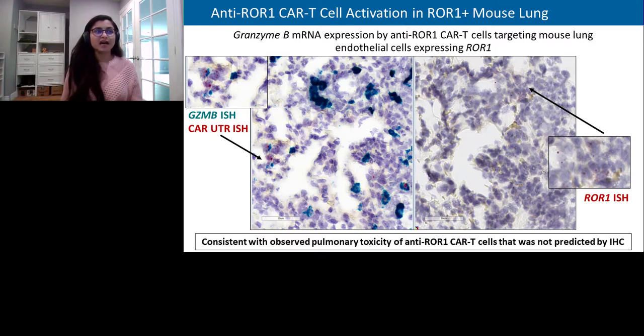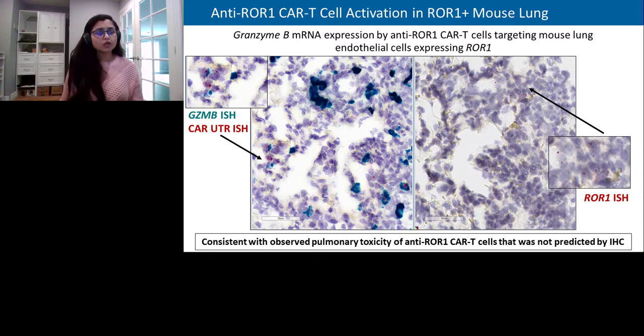Now, when they tried to use IHC to understand why they were seeing lung toxicity, they were not able to see any ROR1 expression. But by using the RNAscope assay, they could see that there was some basal expression of ROR1, which was causing these CAR T cells to engage and give an on-target but off-tumor effect. As a result, this therapy is not safe and was causing significant toxicity.